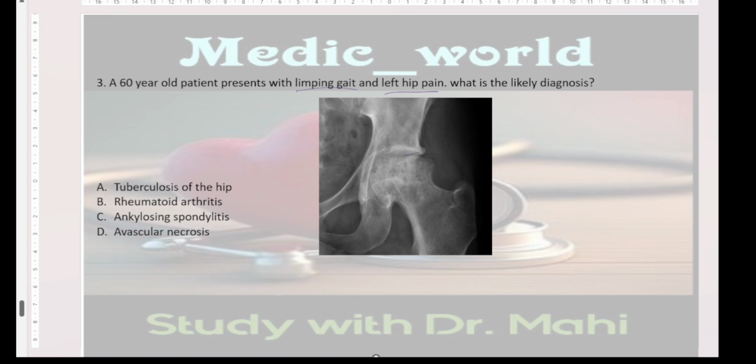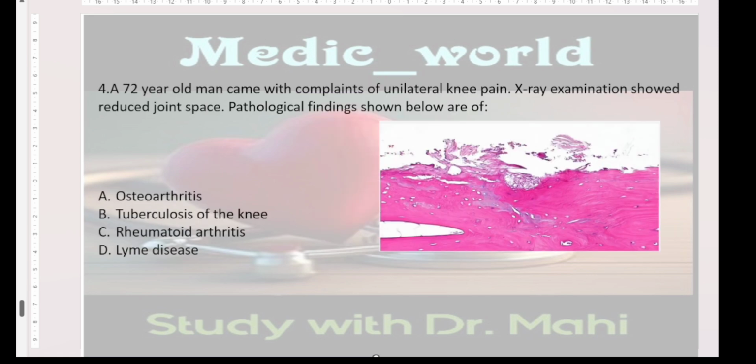Here, it is the radiolucent area and the articular surface is distorted. This is suggestive of avascular necrosis of head of femur. So we have to rely on the radiograph here, which suggests the avascular necrosis of femoral head. So the answer to this question is avascular necrosis of femoral head.